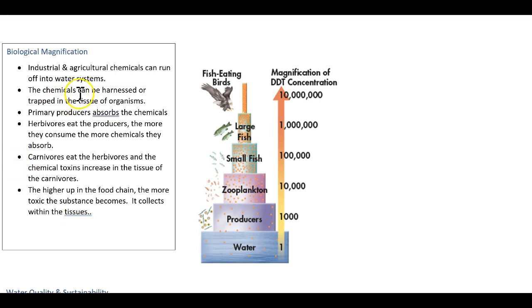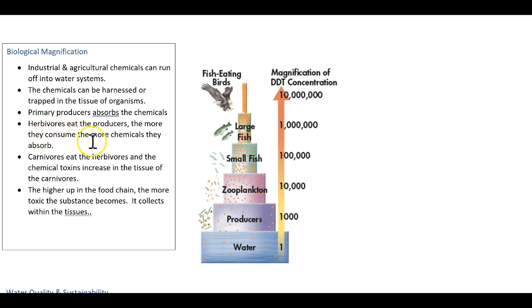So what causes this? Industry puts different pollutants into our water supply, and so does agriculture. They put different chemicals into our water supply. The chemicals can then be harnessed or trapped in the tissues of the organisms. The primary producers will absorb those chemicals.